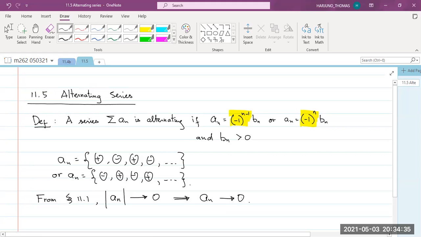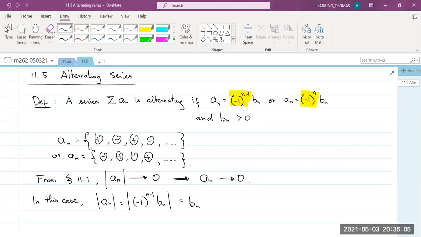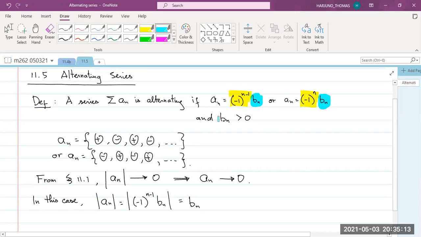Okay. But if we say in this case, the absolute value of A sub n is equal to the absolute value of (-1) to the n minus 1 times B sub n, that will be just B sub n. Okay, the positive part of that alternating sequence.